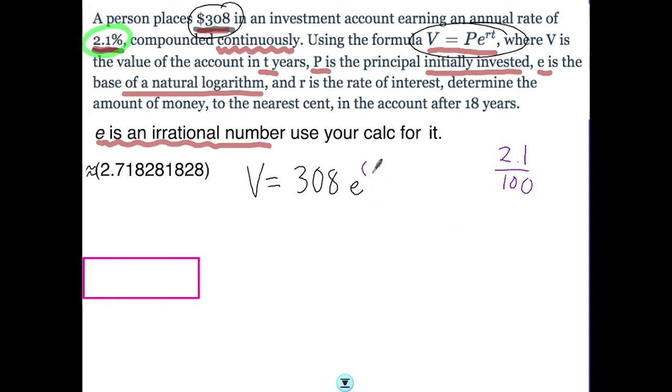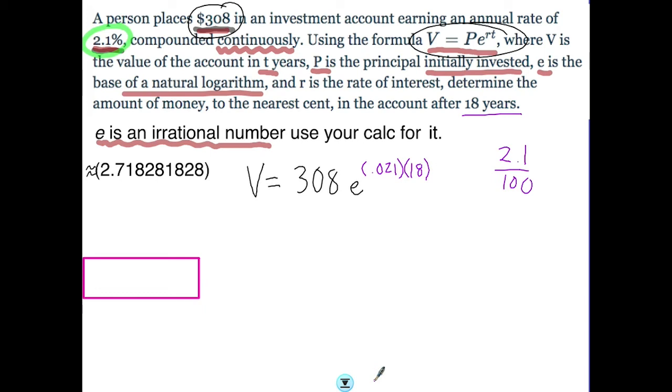So that's 0.021 times T. In this particular problem, my T is 18. I think it's 18. Yes, I'm sorry, right here, 18.